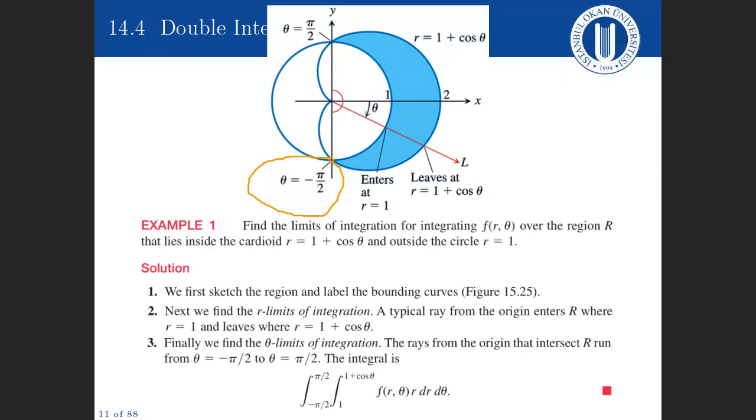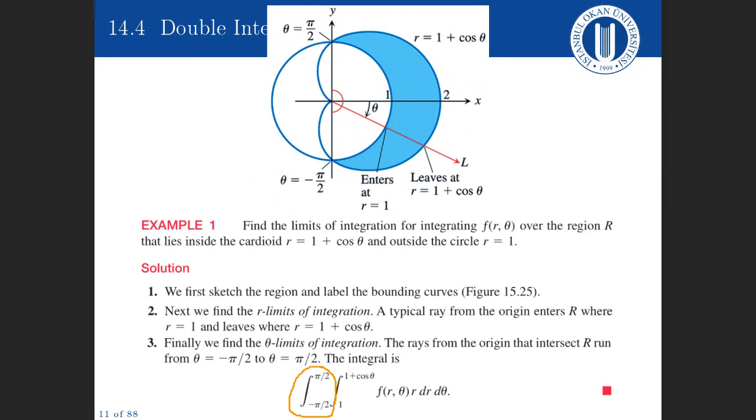Smallest theta is going to be minus pi over 2, and the biggest theta here is going to be theta equal to pi over 2. Think of all of the rays starting at the origin which intersect our blue section. These rays have angles between minus pi over 2 and pi over 2. So the first part of our answer is going to be integral from minus pi over 2 to pi over 2.